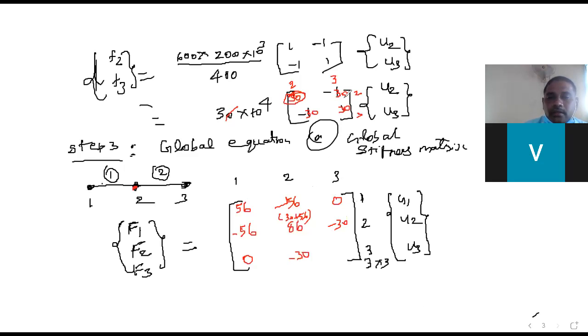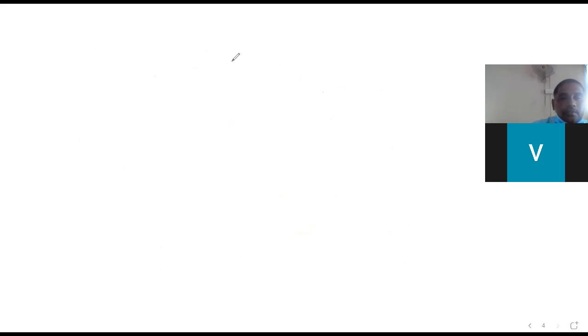Similarly 3, 3 we'll be having plus 30. So this is step number 3. In step number 4, what we need to do is apply the boundary condition. Step number 4 is to apply boundary condition.